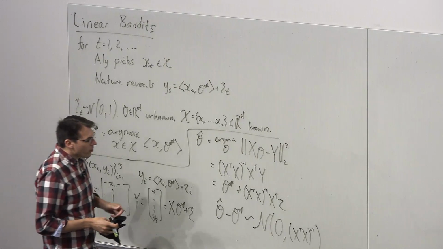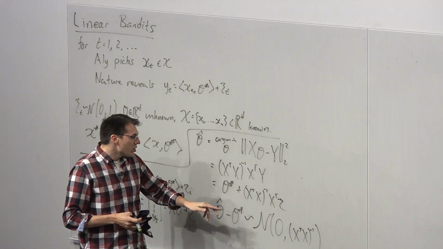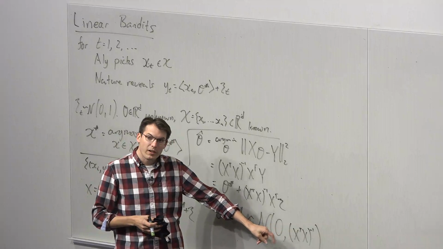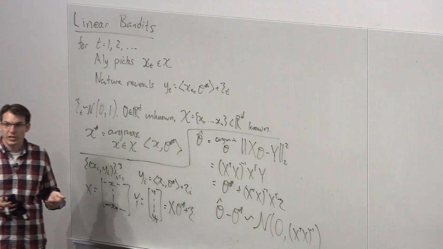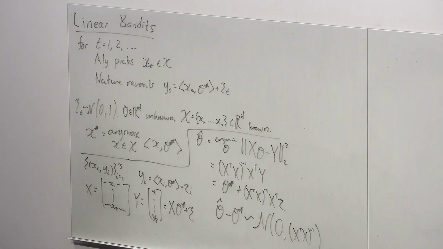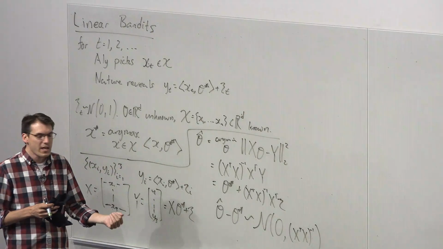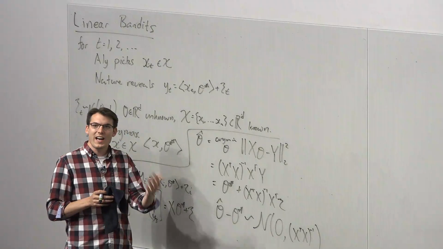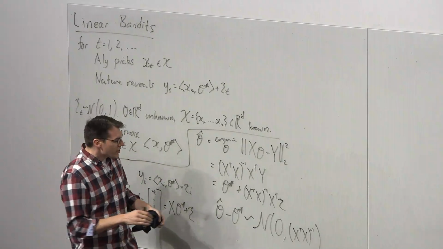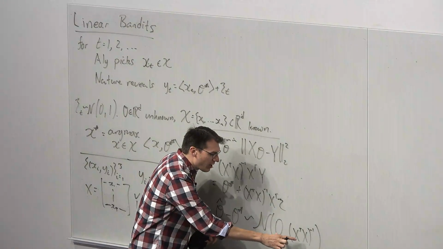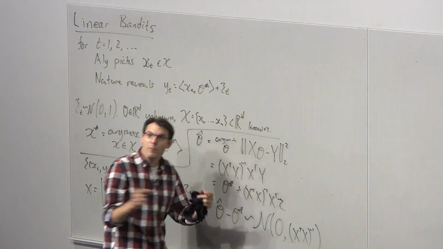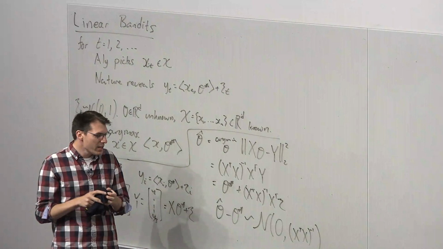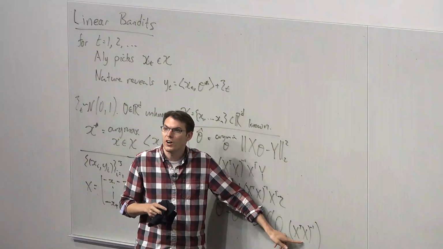Okay, and so the point here is that depending on what x's are chosen in this regression, we're going to have a different covariance, meaning the shape of our uncertainty will depend on whatever covariance we chose to actually perform this regression. And most importantly, we can decide this ahead of time, right? The covariance, the uncertainty with respect to how bad my estimate from theta hat to theta star is does not depend on the true theta star.